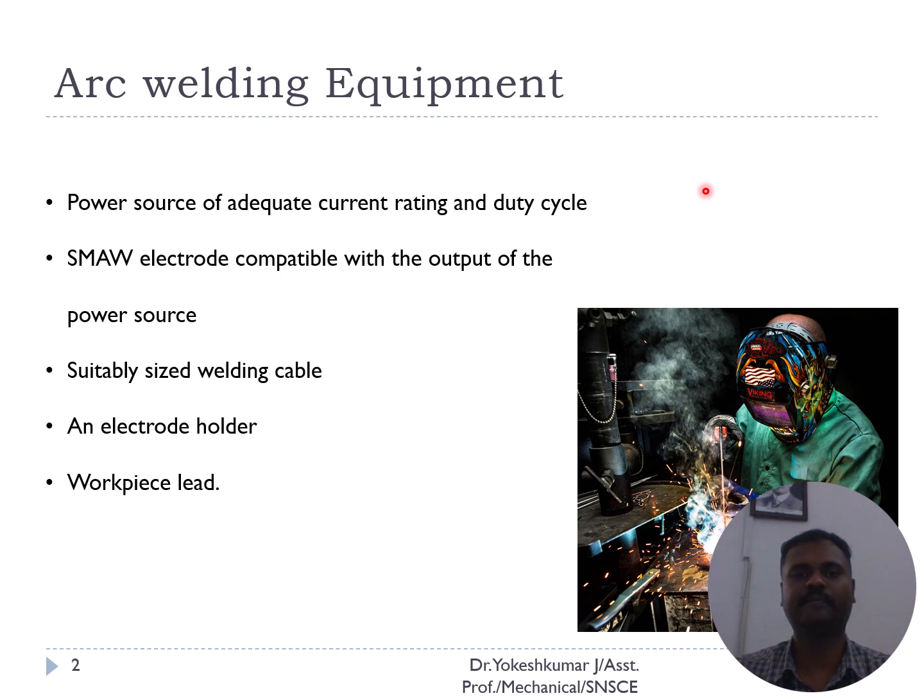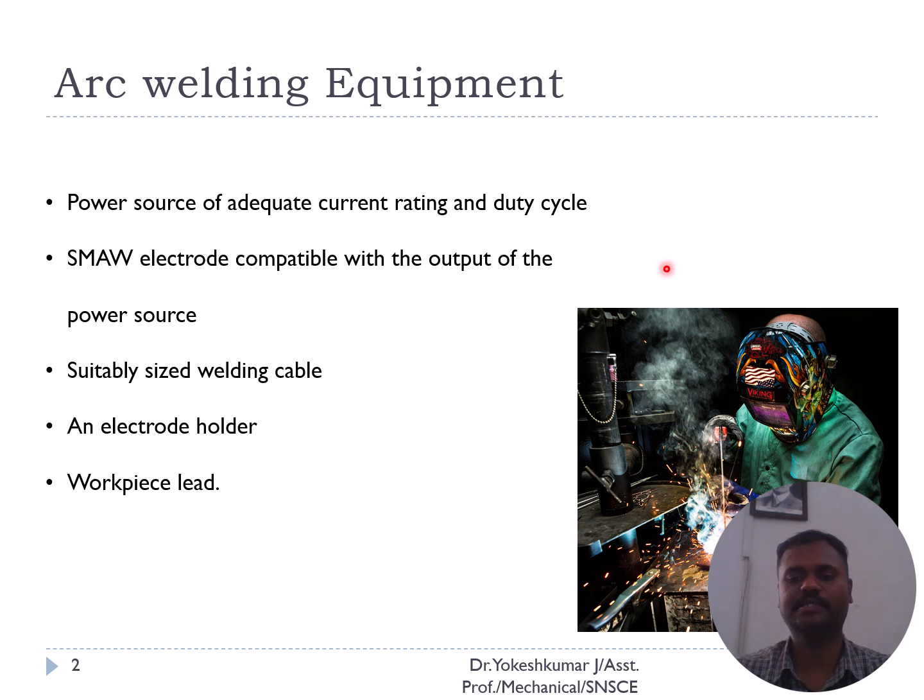Here I have listed a few important components used in the arc welding process. The main component is the power source of adequate current rating and duty cycle. The power source depends upon the nature of the welding we are going to do. It may be a DC power source or AC power source with appropriate current rating capacity to create an arc between the parent metal and the electrode. Then, for shielded metal arc welding, the electrode must be compatible with the output of the power source.